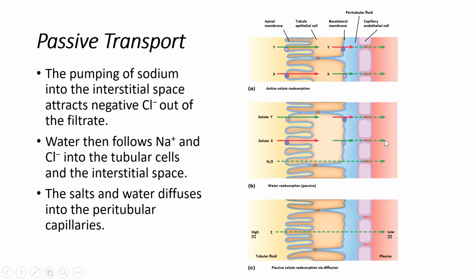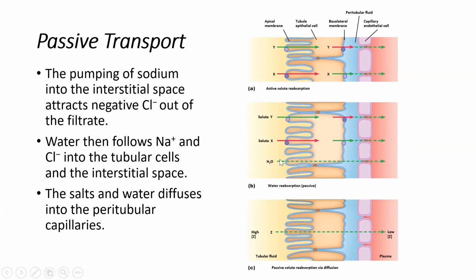So here we've got sodium and chloride making its way into the peritubular space, and then into the peritubular capillary. And so the big picture here is that we end up with more solutes being pumped or leaked into the lumen of the capillary.